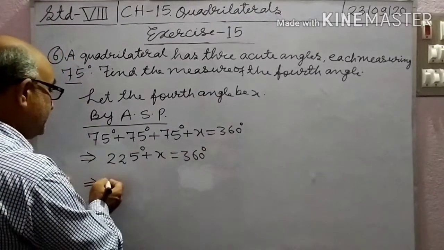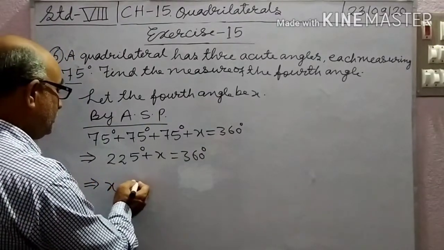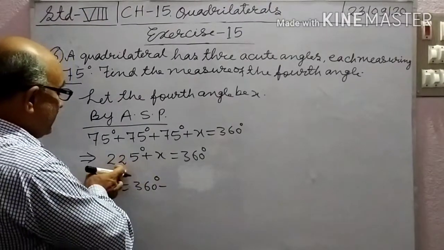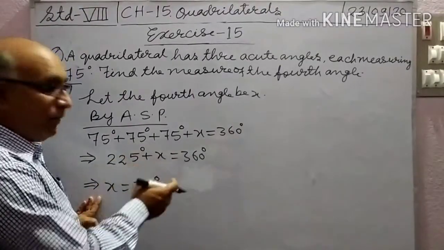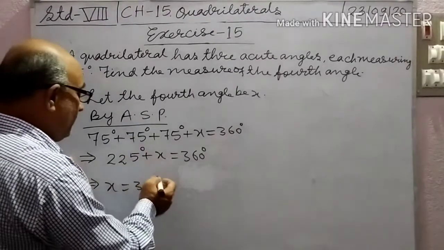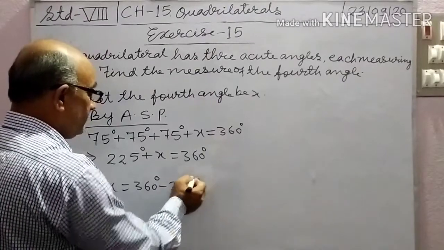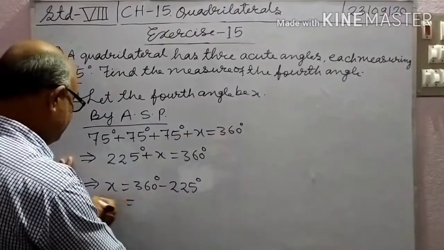That implies next step is x equal to 360 degree minus 225 degree, by transposition change into minus. Now subtract it.